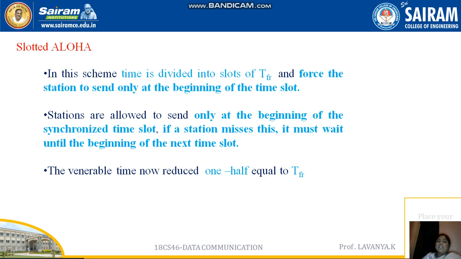In the given amount of time, the station is allowed, or given permission, to send frames to the destination. If it misses the slot, or it is not possible to send in the given time, then it has to wait for some random amount of time.